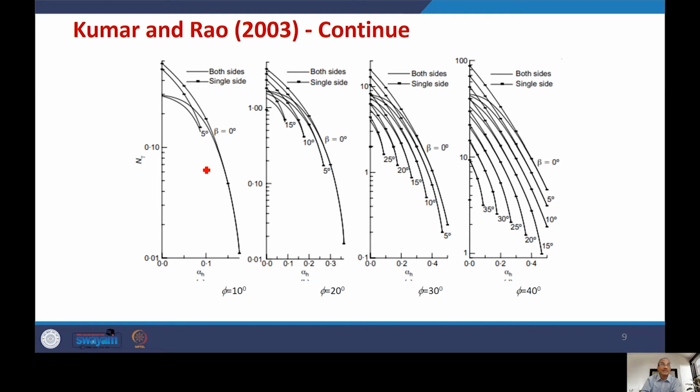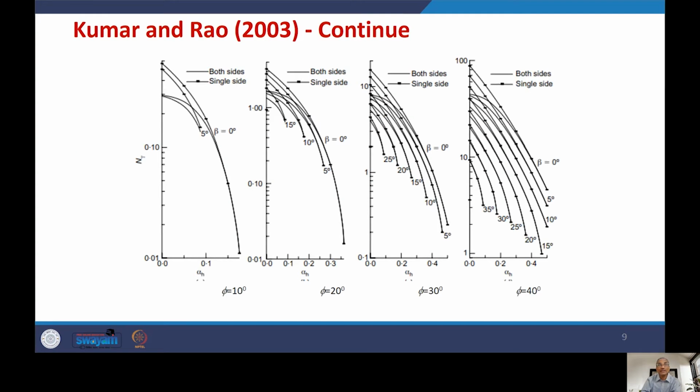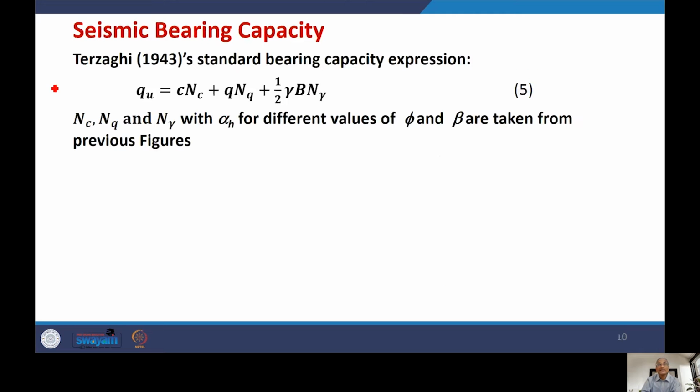Now, whatever we have discussed earlier, once you find the modified bearing capacity factors, then you can use Terzaghi's standard bearing capacity expression, which is given here: q_u equal to cNc plus qNq plus half gamma B N gamma. So this is the standard equation which we have been using for a long time for shallow foundations.